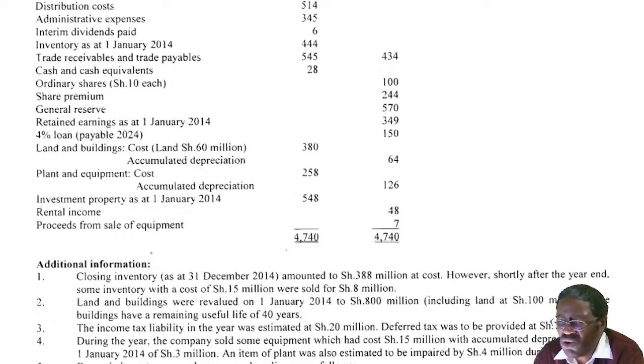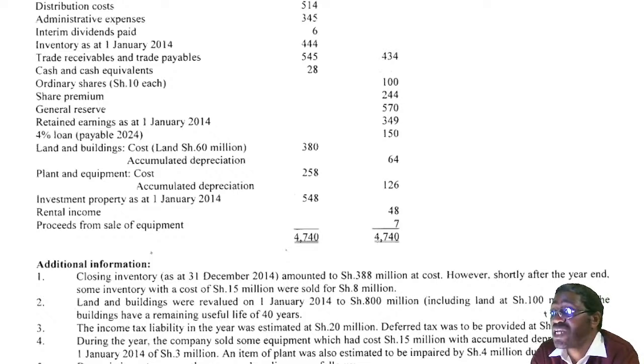So that one, there is no question about it. For land, I can tell automatically the gain is 40, because we were told by note number 2 it was revalued to 100, and the land had a value of 60. So it's obvious land has gained 40.